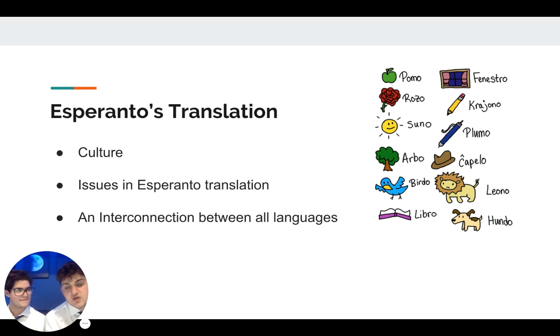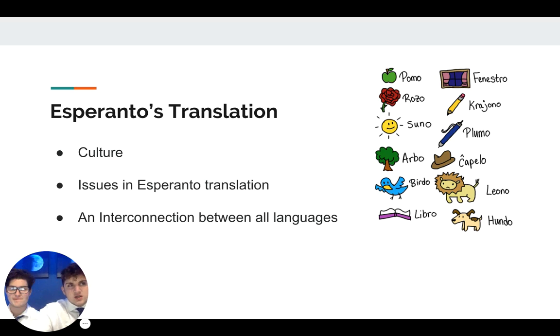Now let's talk about an issue in Esperanto's translation. An issue is that important words do not sound alike. For example, all the questions in Esperanto are two-syllable words, and they stress the syllable in the same way in every word. Examples are kiu, kia, kiam, kio. Those are like who, what, when, and why.